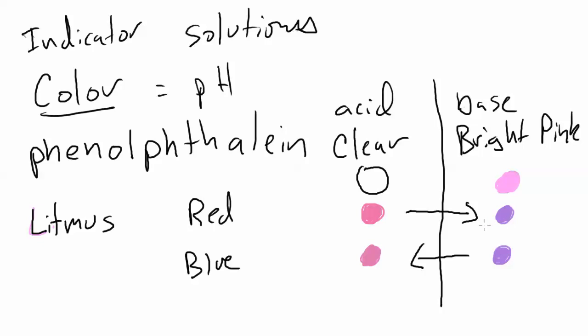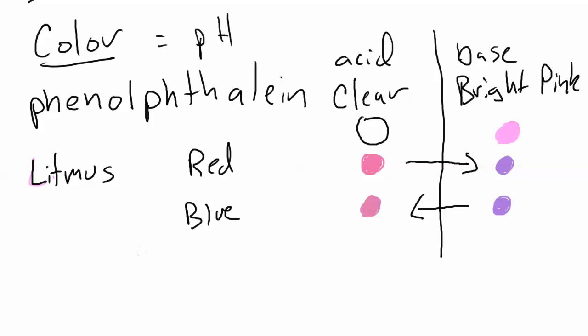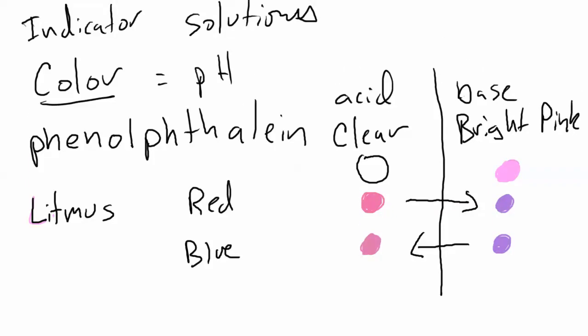There are a whole lot of other indicator solutions that are used in chemistry, but these are probably the most common two. There's a huge list of them out there, and how they act depending on what you put them in is easily found on the internet. But for this course, these are the ones that you're going to be responsible for.